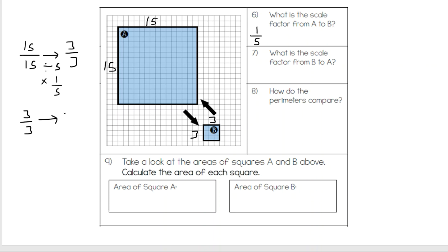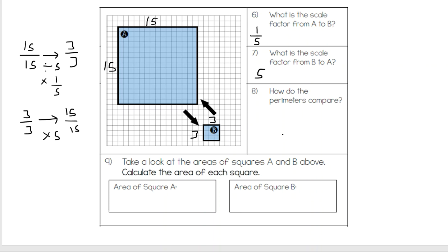And if we want to go from B to A, which is a 15 by 15, we had to multiply by 5. So the scale factor from B to A would be 5.